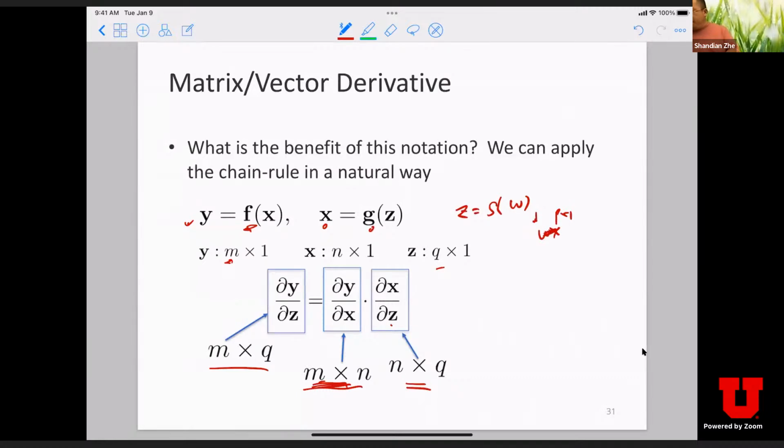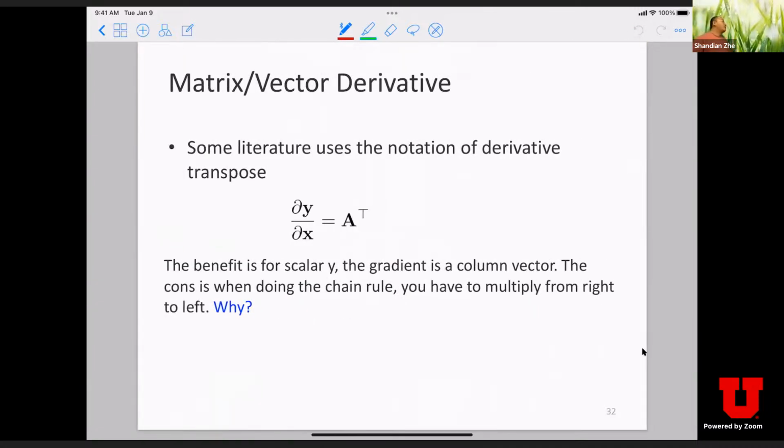But what if we define the gradient in another way, like in some other literature? You might see in the future that the gradient is defined as the transpose of the derivative. If we define the gradient as the transpose derivative, there's at least one case where you feel comfortable: if y is a scalar.